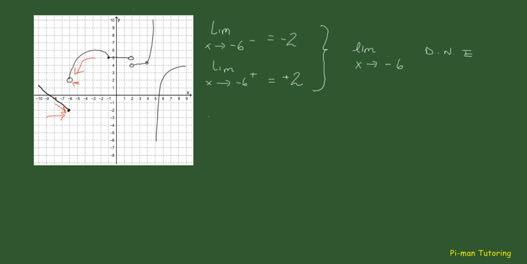Let's look at another location now. Let's look at the limit as x tends to -1 coming from the negative direction. So again, looking at the graph, we're tending towards -1 from the negative direction. So that means we're following the curve around and we're arriving at a value of +5.